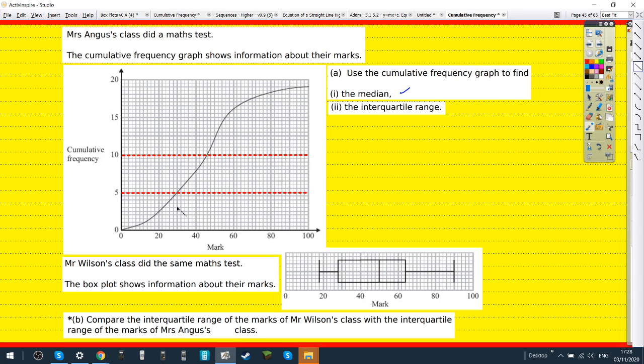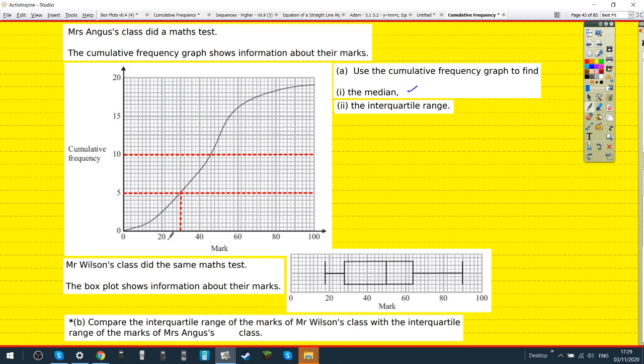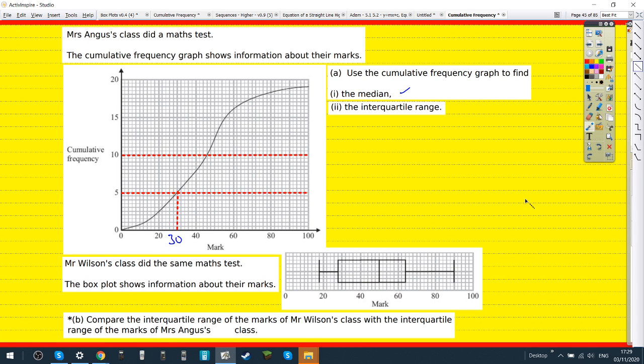Okay. And then that one would be 30, I think so. Might not be exact. And then you have to find 3/4 of it. So that would be 15.